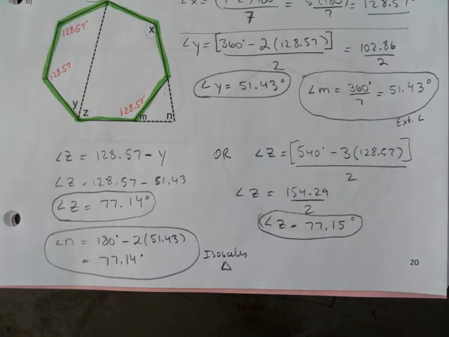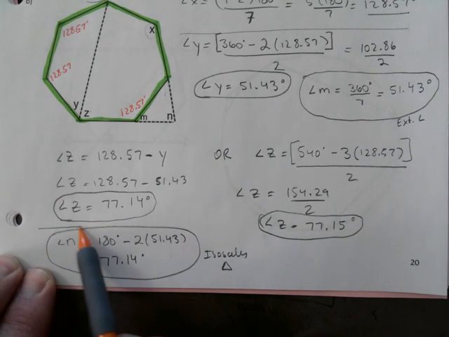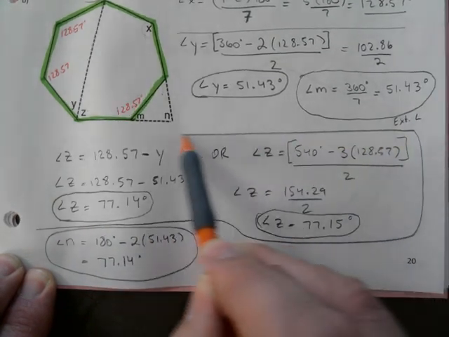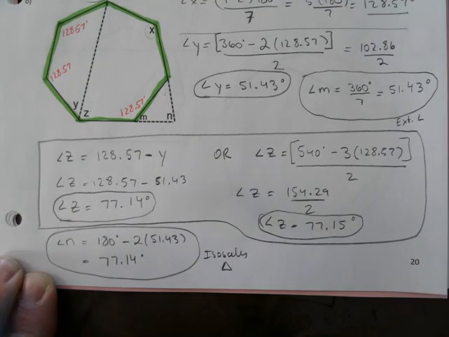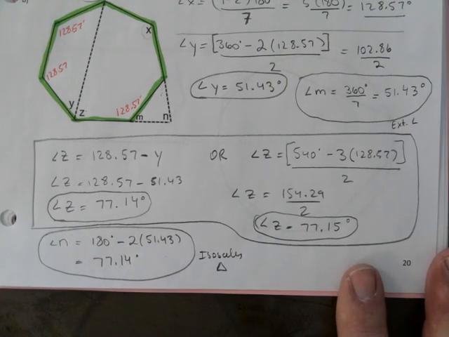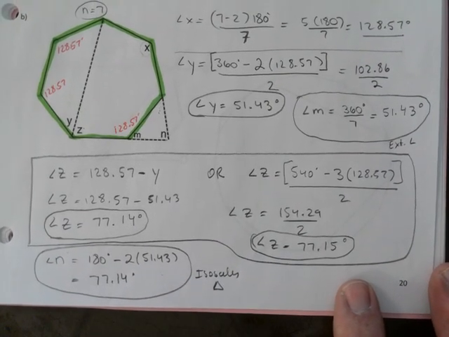So let's clean this up a bit. I don't like it. So we go like this. That's Z. And there's N. There's M, Y, and X. It's all good. It's a bit messy. But, you know, as long as you show me work, I'll find the answers that I'm looking for.